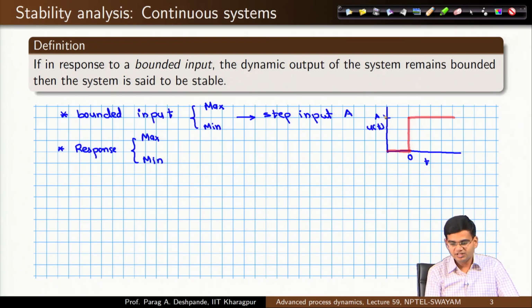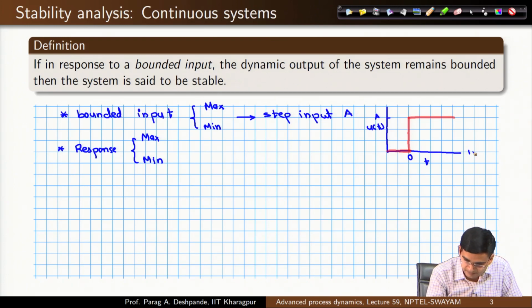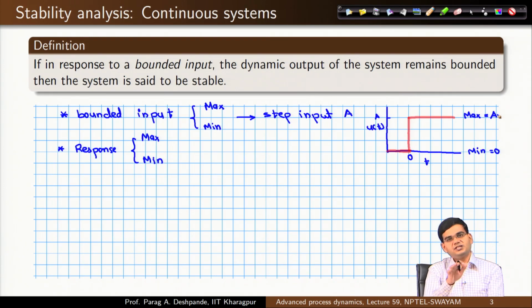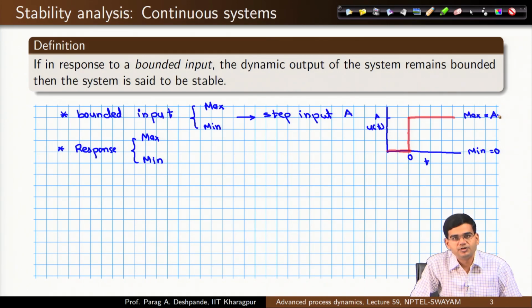What are the bounds on the input? The minimum is 0 and the maximum is a, right. So, there are bounds. Therefore, a step input follows the condition of bounded input. A step input is a bounded input.